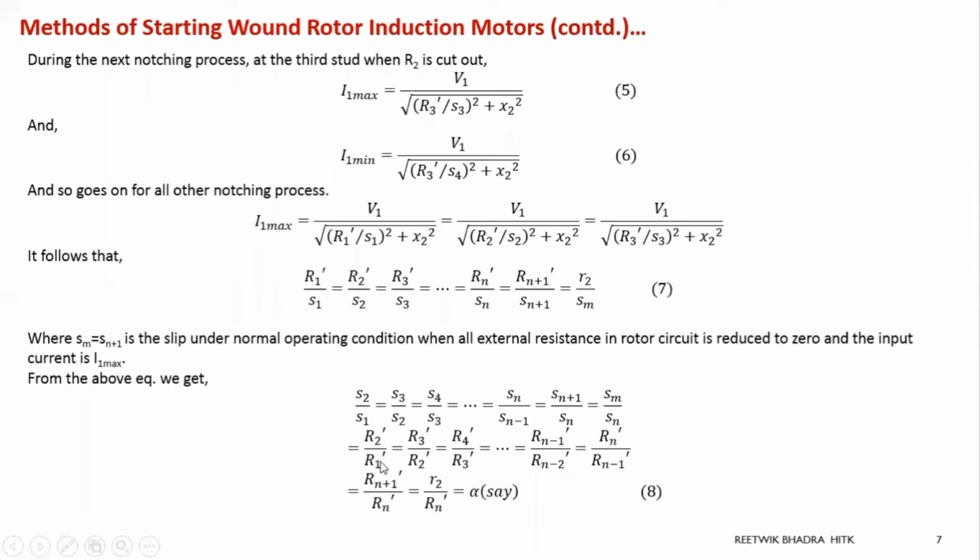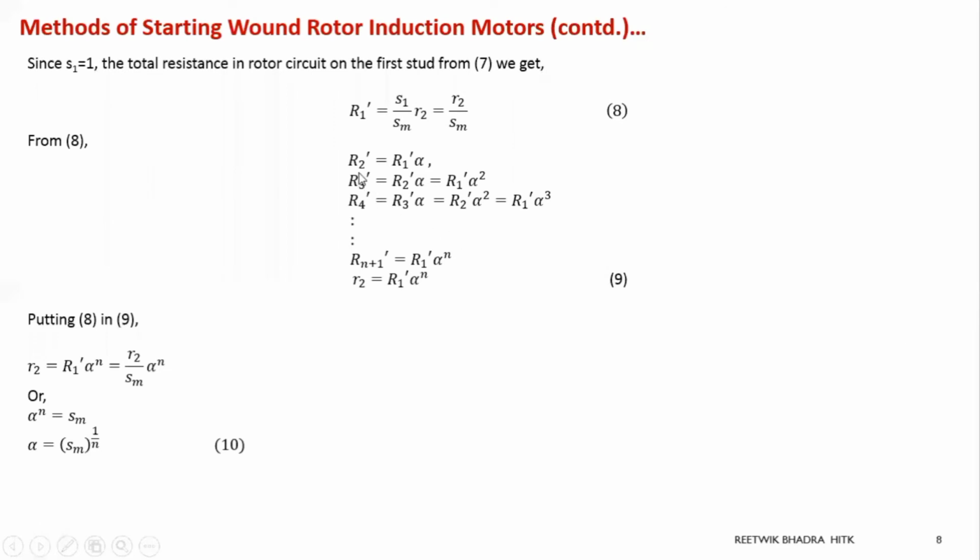So I write R2 dash is equal to alpha times R1 dash. Can I write R3 dash is equal to alpha times R2 dash? Yes. R2 dash is alpha times R1 dash, and R3 dash is R2 dash times alpha. What is R2 dash? R1 dash into alpha. So substituting, you'll get alpha square R1 dash. All these equations are written over here.